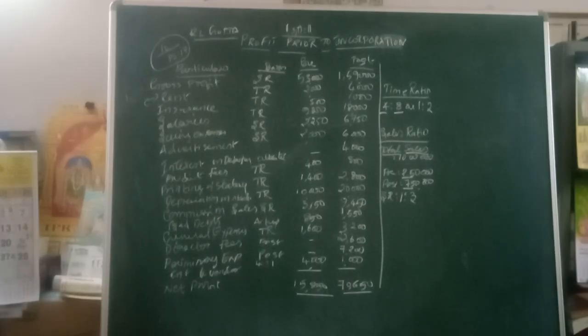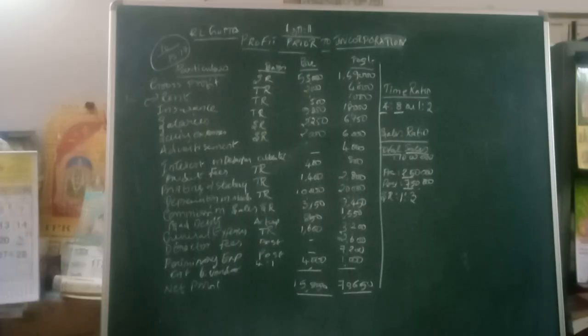Any amount of depreciation is taken based on time ratio, because we use more machine over time. In the previous month we had not used that much machine, so depreciation will get altered based on the period. Another one is the commission on sales. Since this is connected with the sales item, we have to take commission on sales on sales ratio. Then general expenses based on time.